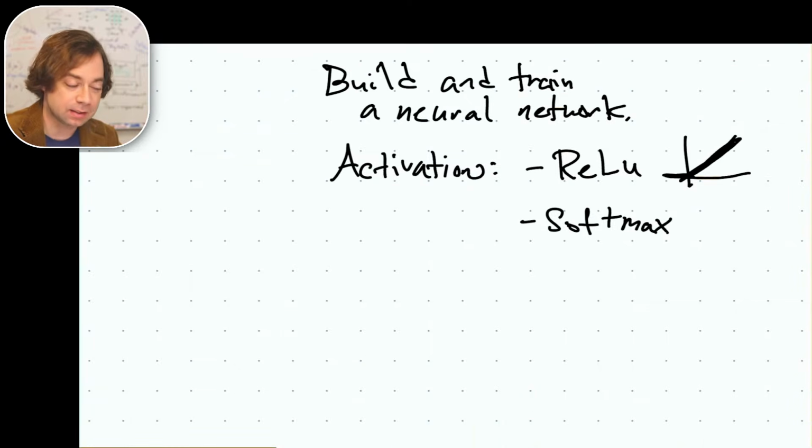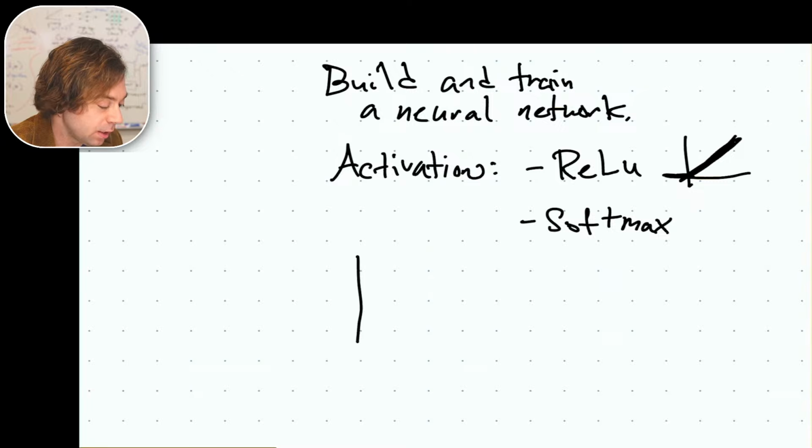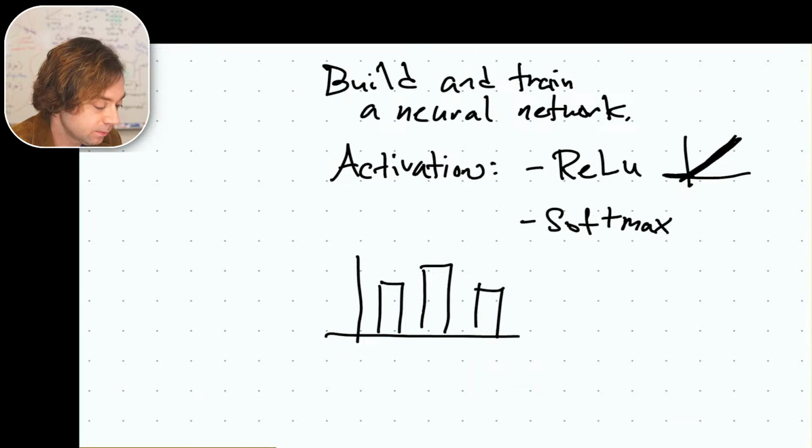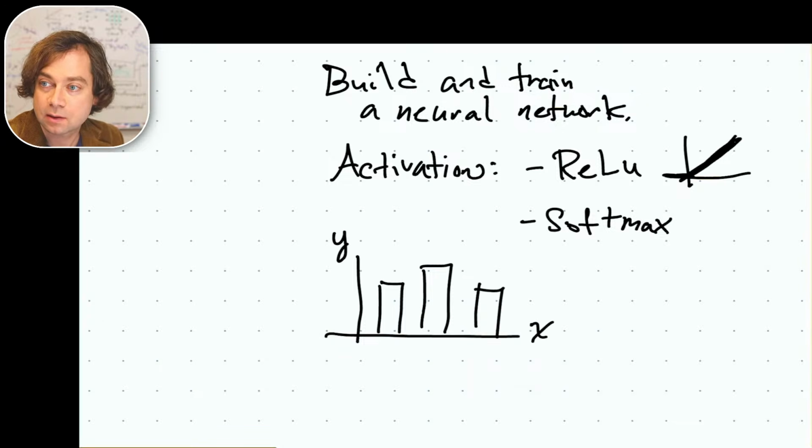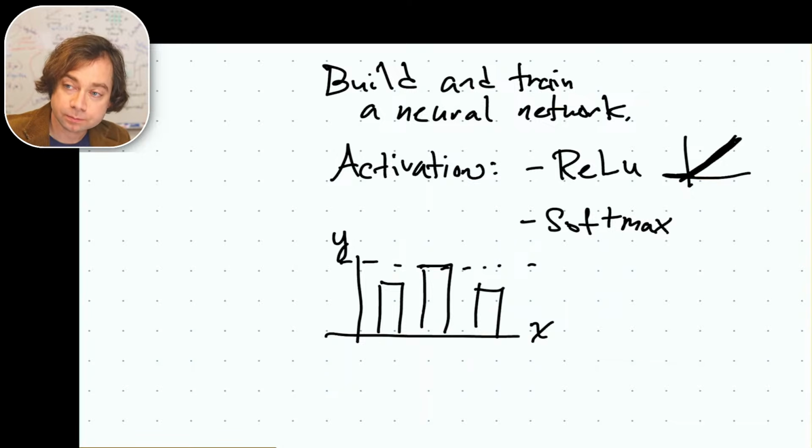So imagine you have a bunch of numbers on a bar plot. Here's my bar plot, here's some Y, here's some X. What's the maximum of those bars? That's the max, right? However, that is a hard switch.